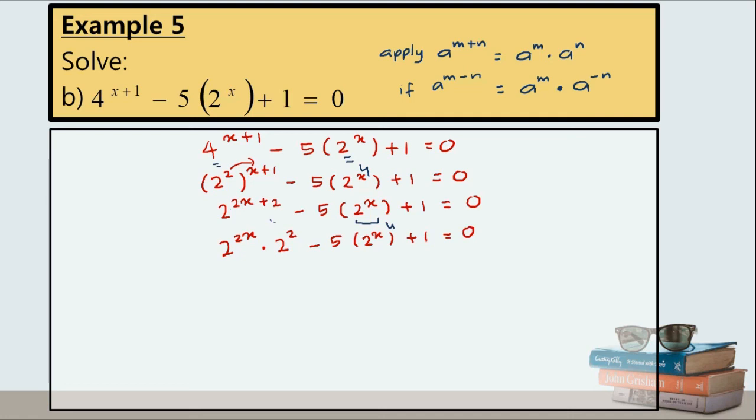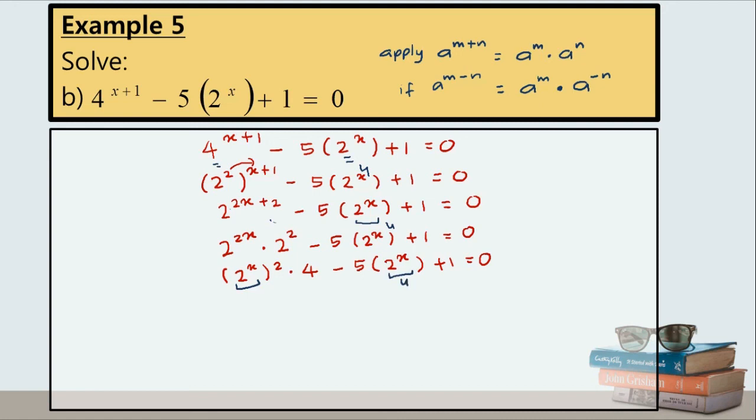So, like example 5a, write like this. 2 to the power of x squared times 4 minus 5 times 2 to the power of x plus 1 equal to 0. So now we already have 2 to the power of x and 2 to the power of x.